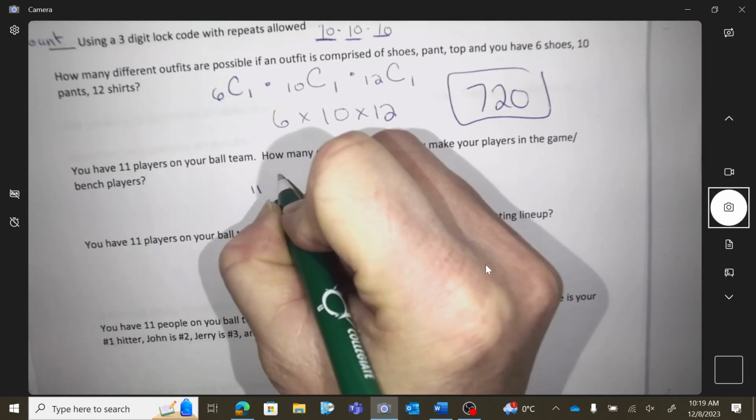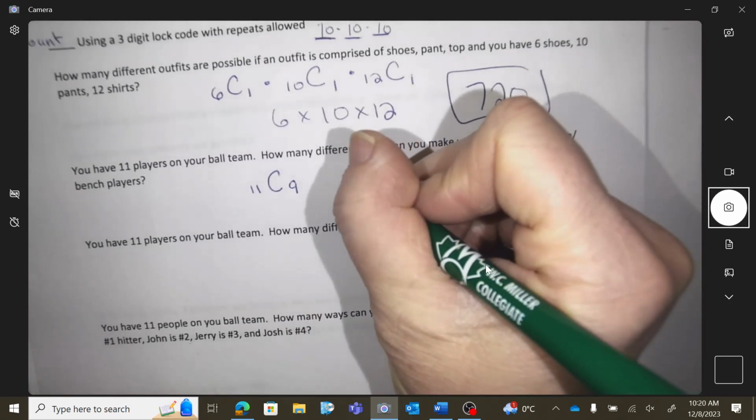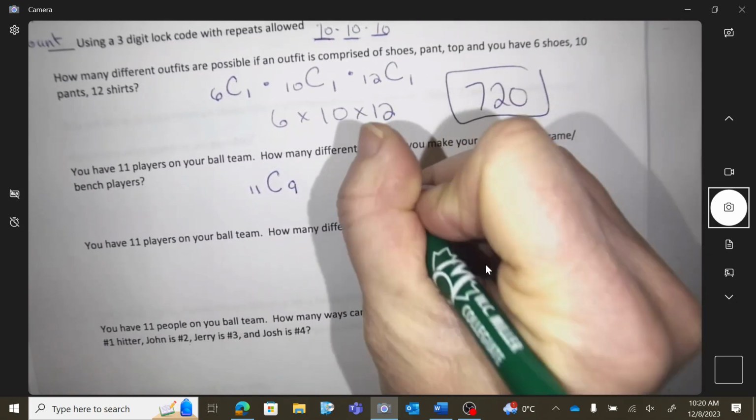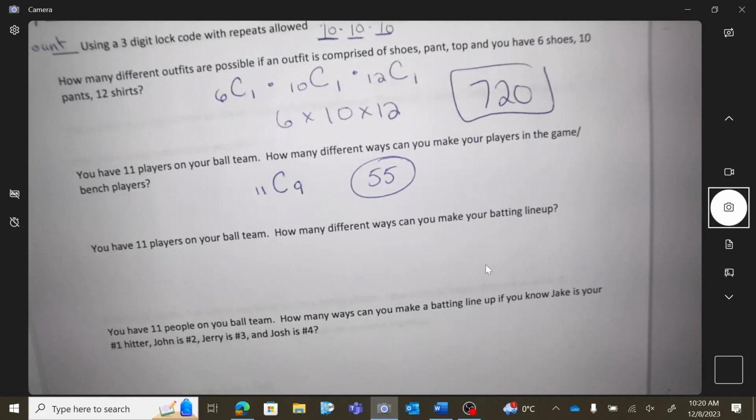I have 11 players, and I'm just trying to choose 9 of them to put on the field, and obviously you're putting 2 people on a bench then. So you have 55 different ways you could put a starting lineup to be on a field.